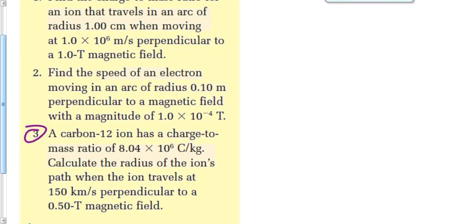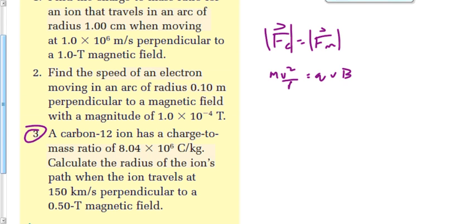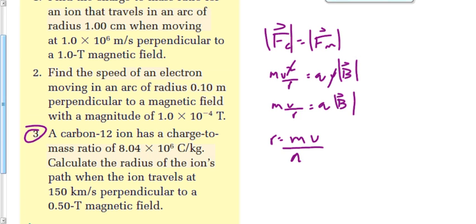So let's say FC equals FM. MV squared over R equals QVB. V's cancel. We're left with MV over R equals Q times B. And we're solving for the value of R. R goes up, QB comes down, becomes MV over Q times B.